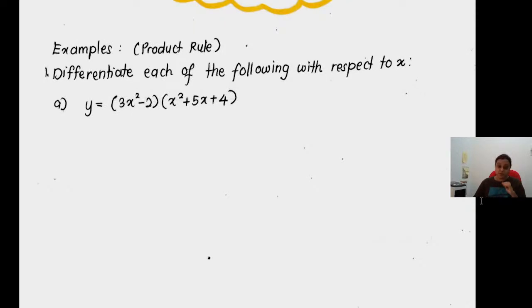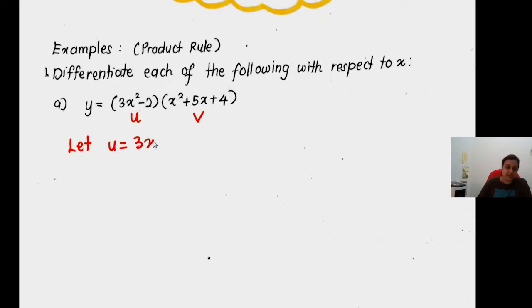Differentiate each of the following with respect to x. Now, if you see here, got two brackets here, right? And in each bracket, it got x term like that. So straight away, first step, what you do? The first bracket will be your u, the second bracket will be the v. So you write here, let u, copy whatever you state as the u.